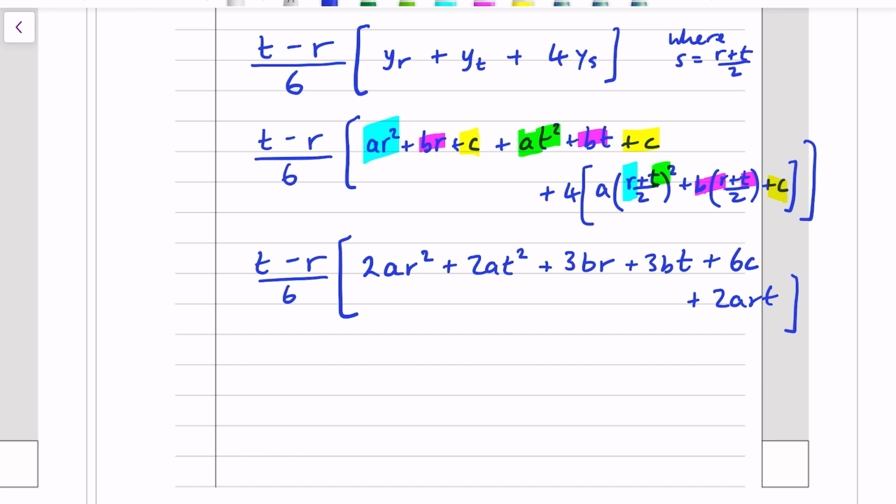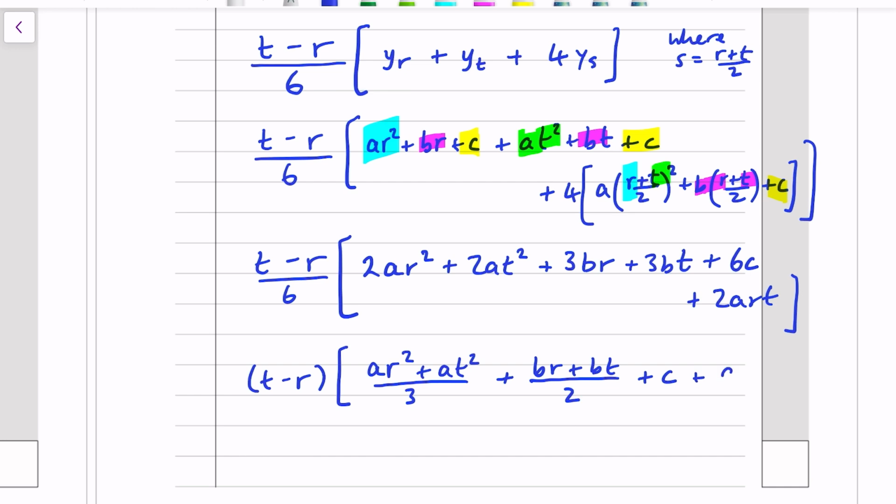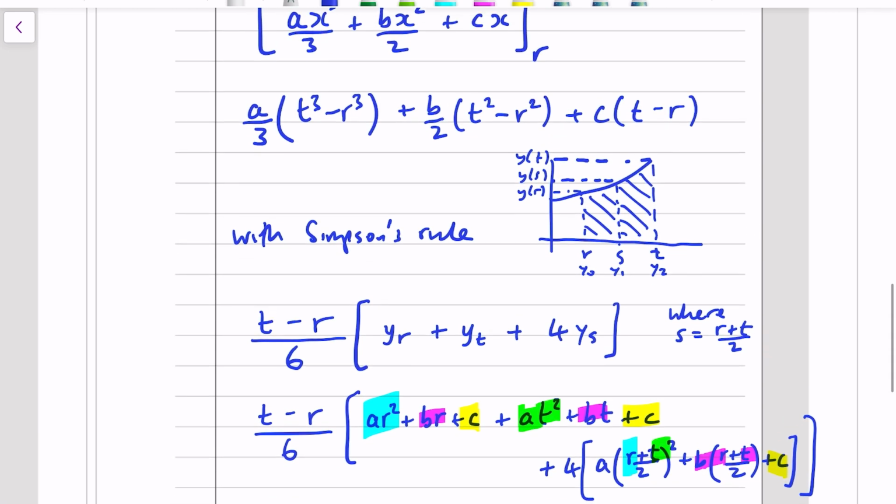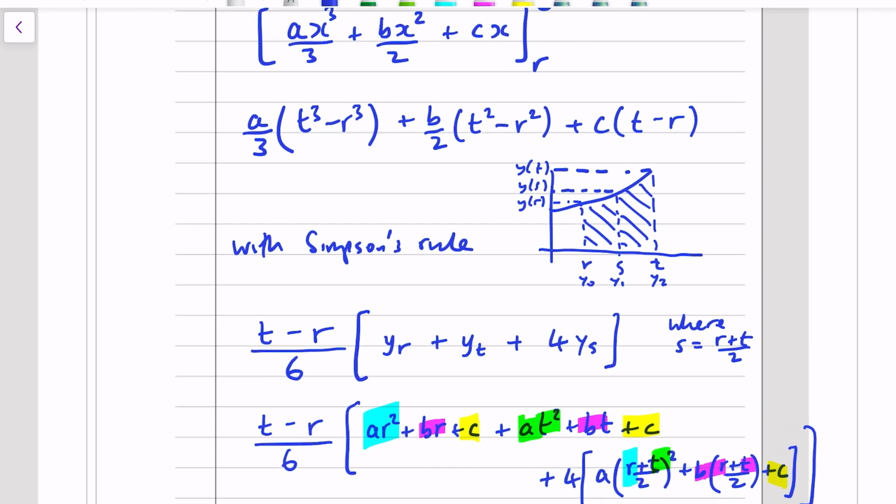So let's go t minus r times ar squared plus at squared all over 3 plus br plus bt all over 2 plus c plus art all over 3. Okay, does it look anything like this? Do we have an art term in that? Oh, we must do in the first cubic part.